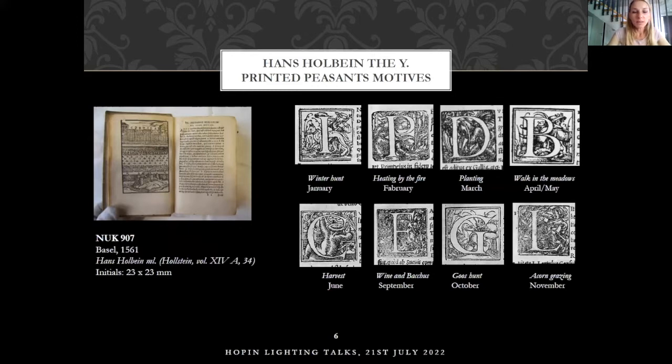In his depictions, peasants are represented in realistic and simple form, depicted in scenes from everyday life. Here you can see different representations of works from the 12 months. Iconographic origins of the motifs can also be related to the manuscript tradition.